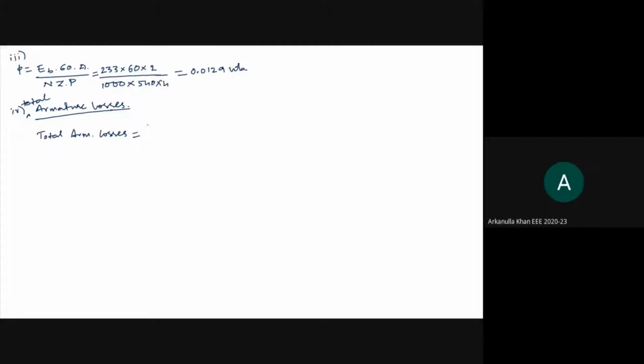Armature copper loss plus armature iron loss plus mechanical loss. Only this much.